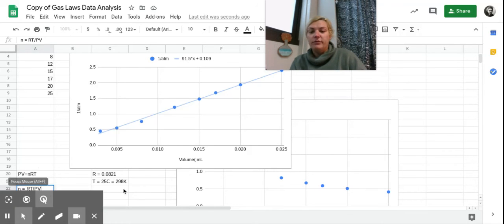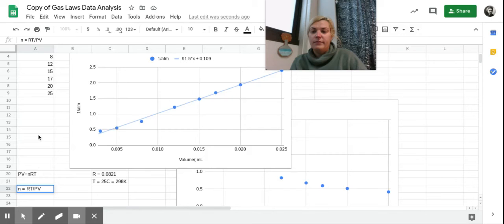And then I'm going to solve. Whoop, sorry. So it's equal to R, which is 0.0821, times 298 divided by PV, which is our slope, so 0.109.